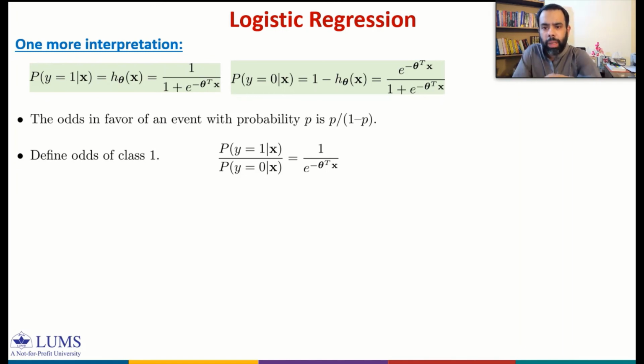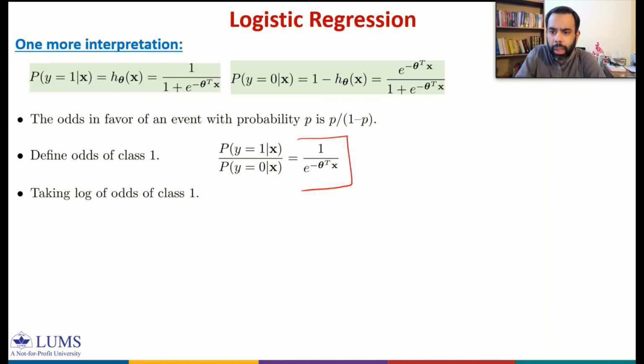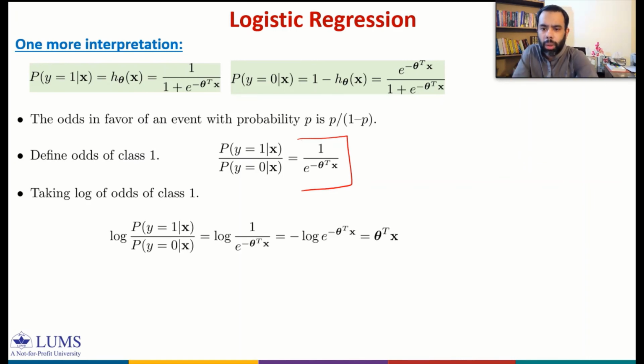We take a ratio of these two, and what we get is this. And if we take the log of this, when you move this into the numerator, you add a negative sign outside the log, and then the log of exponent of minus theta x would be simply minus theta transpose x, and what you get is theta transpose x.